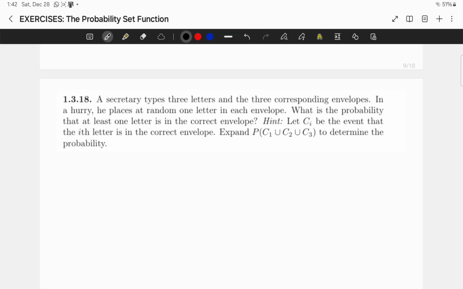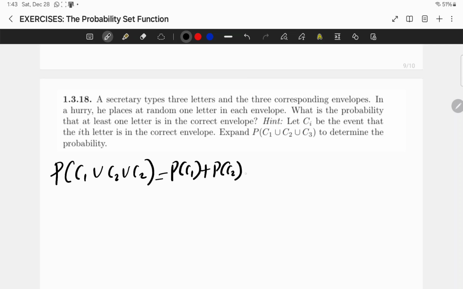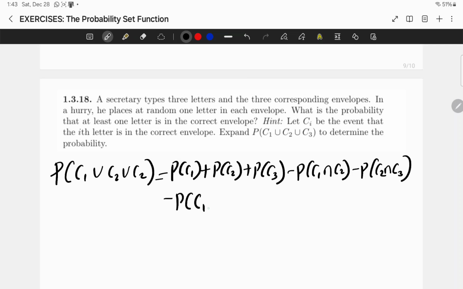So by the inclusion and exclusion law, we have the probability of C1 plus probability of C2 plus probability of C3, minus probability of C1 intersection C2, minus probability of C2 intersection C3, minus probability of C1 intersection C3, plus probability of C1 intersection C2 intersection C3.